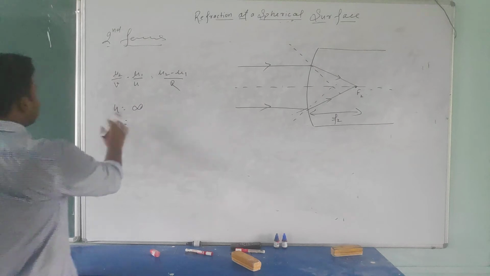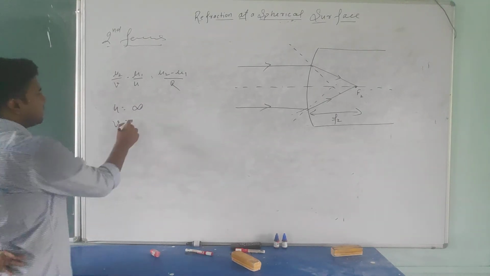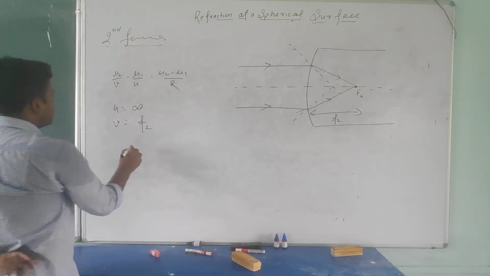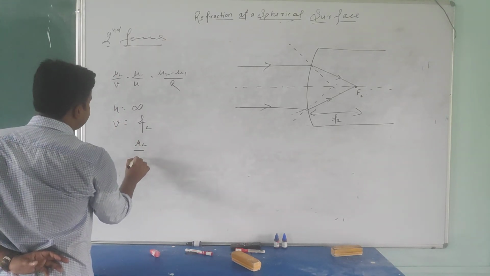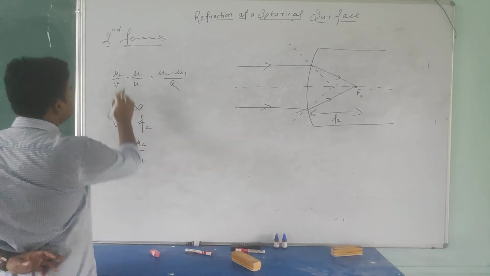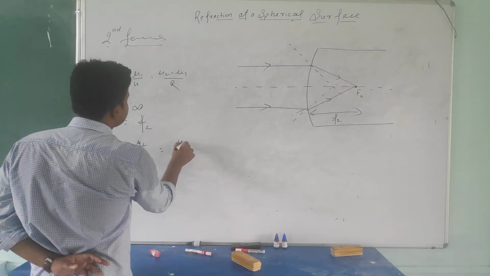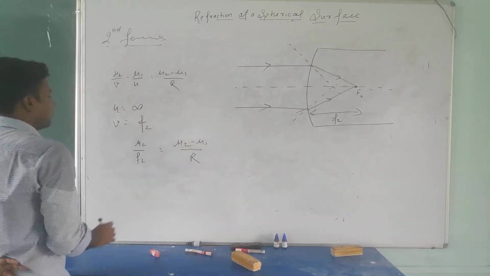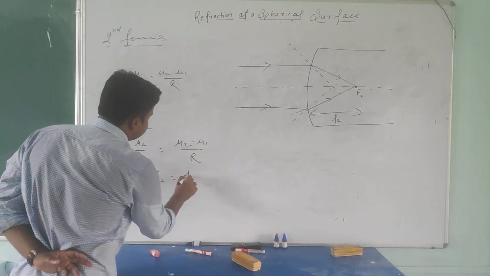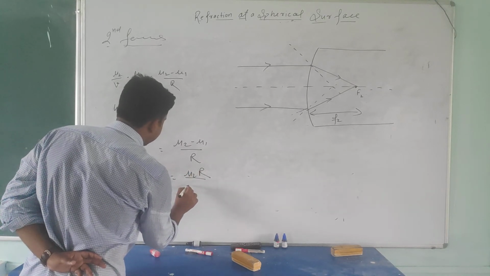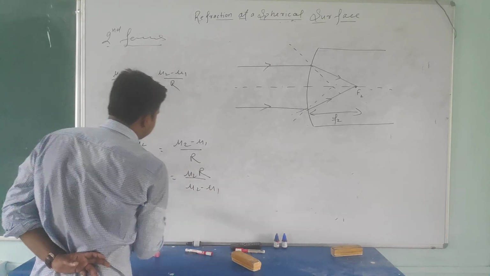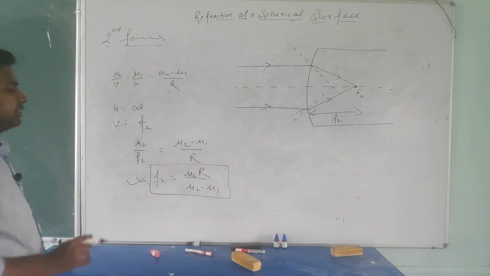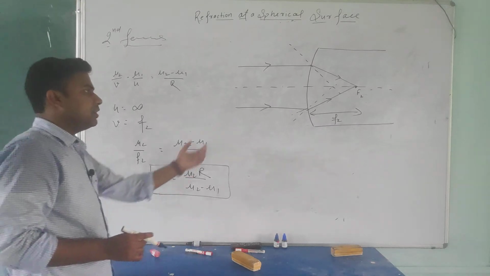So here V equal to small f2. Now put it here: mu2 divided by f2 equal to mu2 minus mu1 divided by r. So f2 equals mu2 into r divided by mu2 minus mu1. This is the formula for the second focus or second focal length.